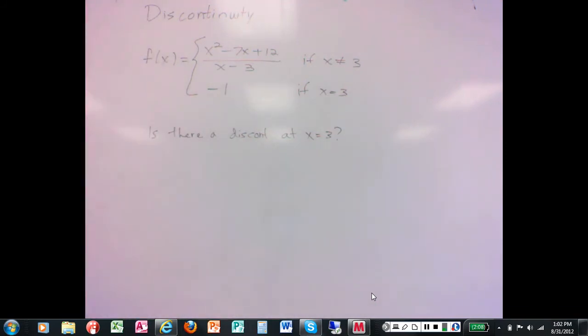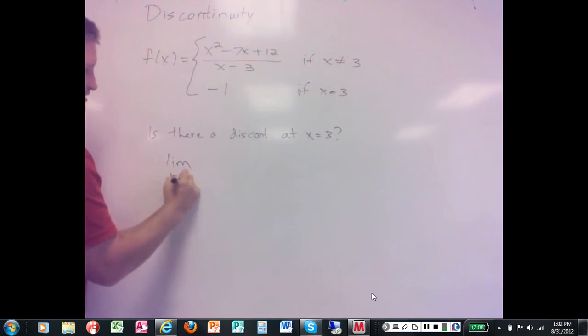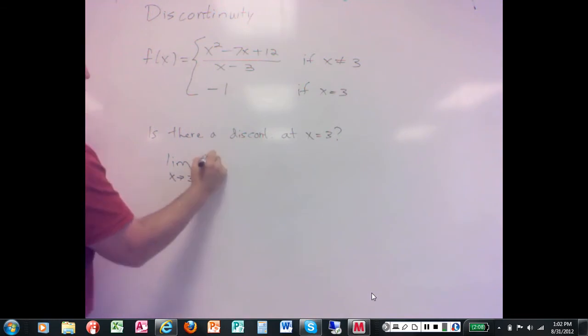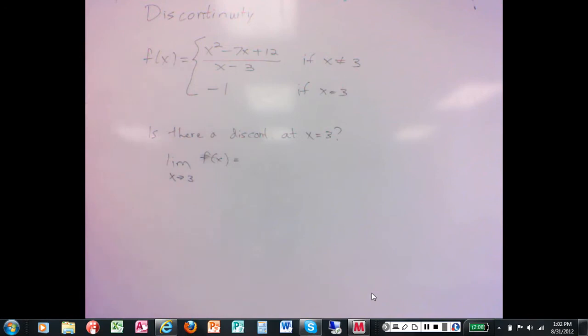Well, let's check it. What's the limit as x approaches 3 now of my f of x? It does exist.